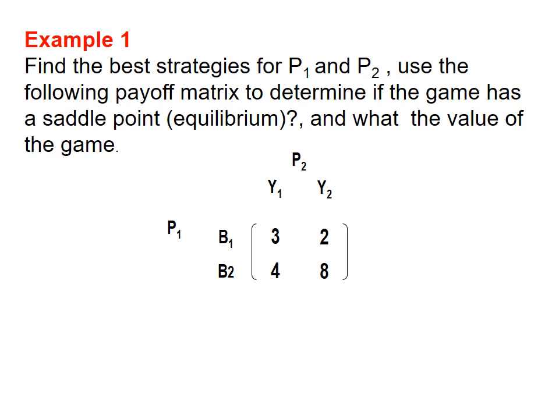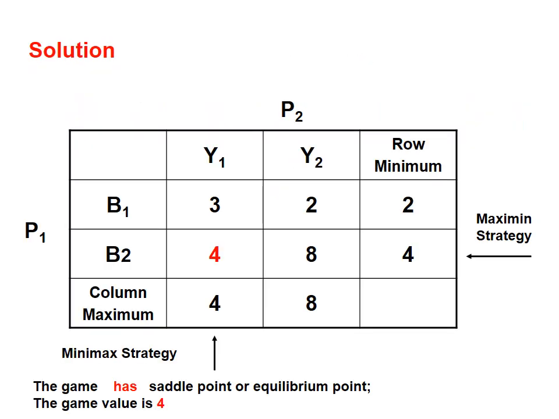To find if the game has a saddle point, we prepare the table as we mentioned before. Now we will determine the minimum of each row. The first row, the minimum is 2, and the second row, the minimum is 4. And for the column, we will determine the maximum number in the column.